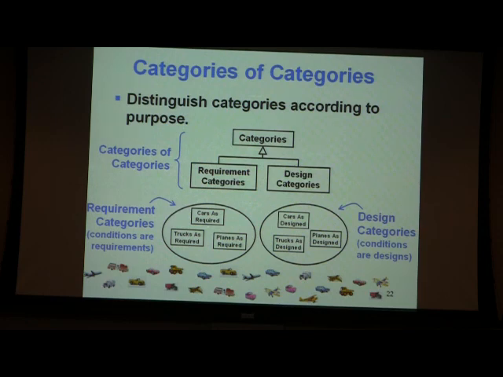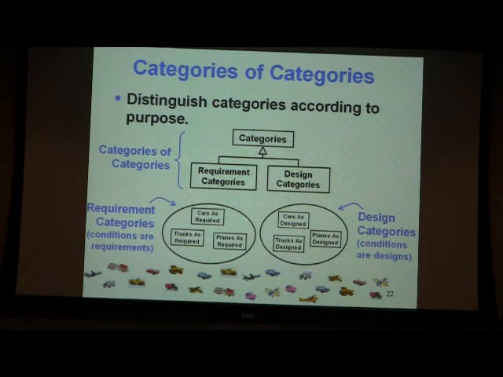But then I want to say, well, actually, from the point of view of category, there's nothing different between one that has requirement conditions and one that has design conditions. The notion of category is to distinguish them. So in order to distinguish those, you say, okay, well, actually, we want them to be two different kinds of categories, at least, that we use in engineering. We have ones that specify requirement conditions and ones that specify design conditions. And then these categories fall into those categories.